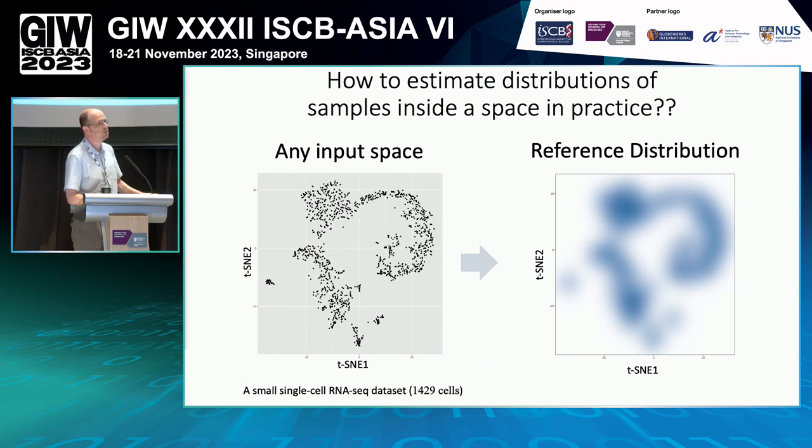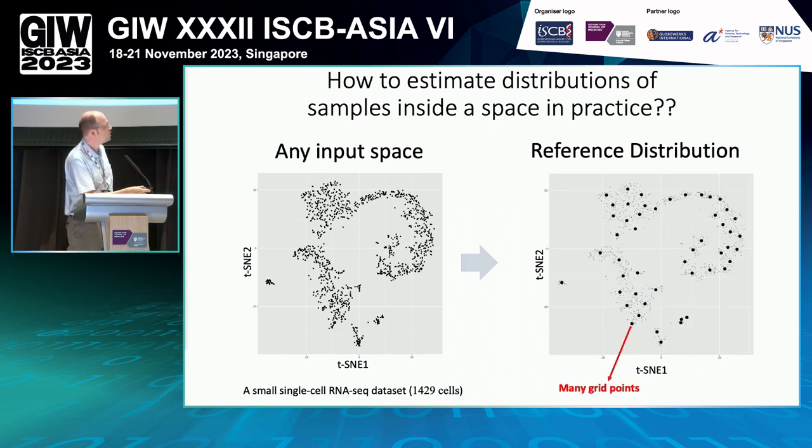Okay, so how do we do that in practice? Guessing that reference distribution is not straightforward, especially if this is like 10 dimensions. So how do we go from here to here? First, we generate many grid points, maybe 100 grid points, that occupy the subspace within that input space where the cells are actually located.